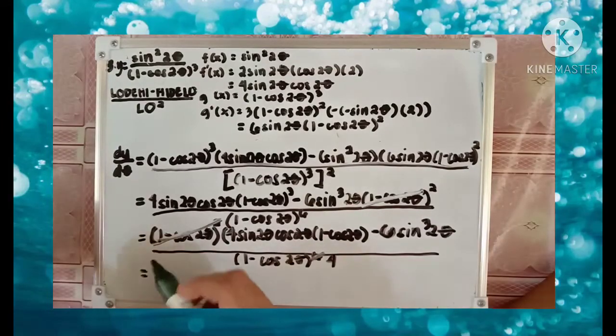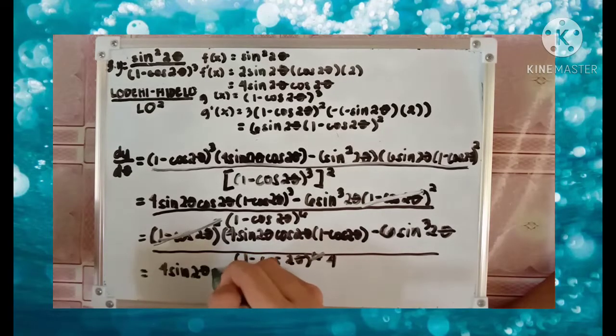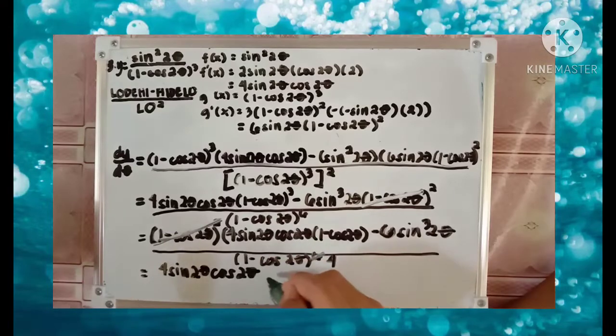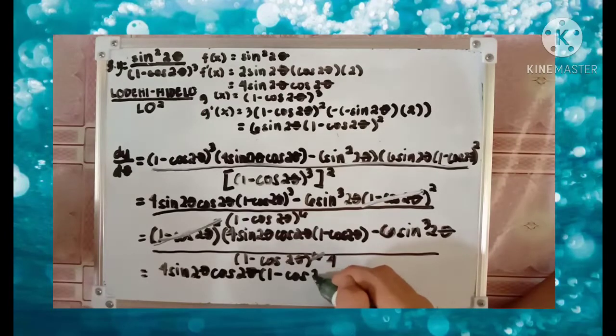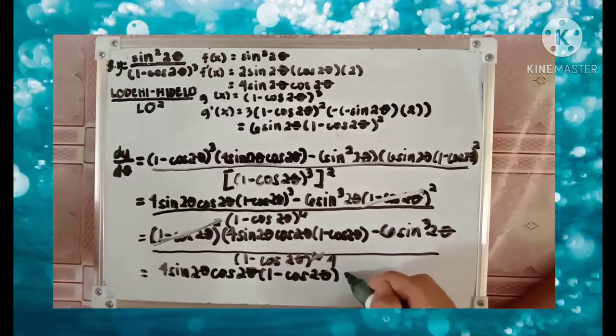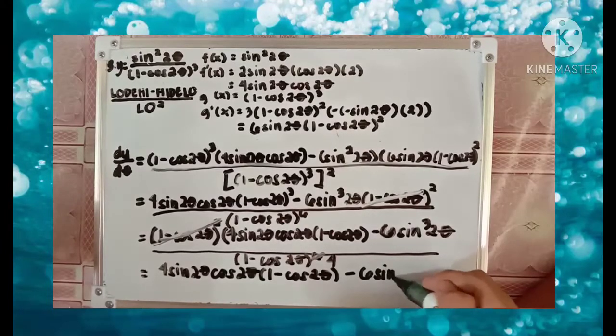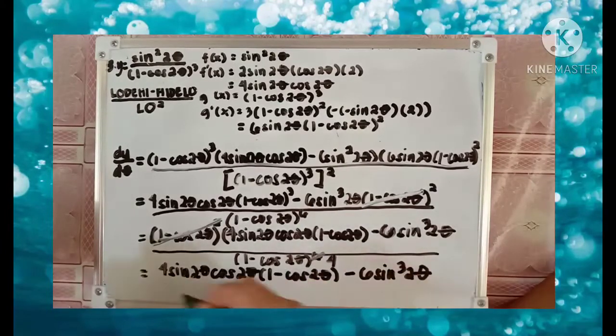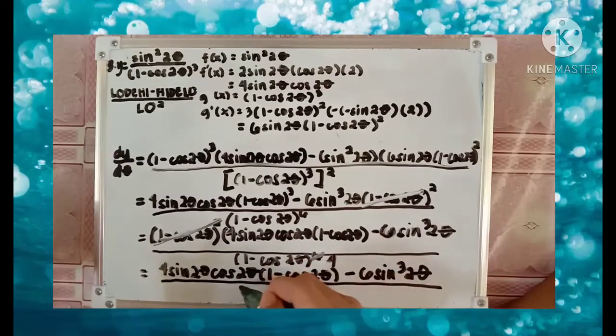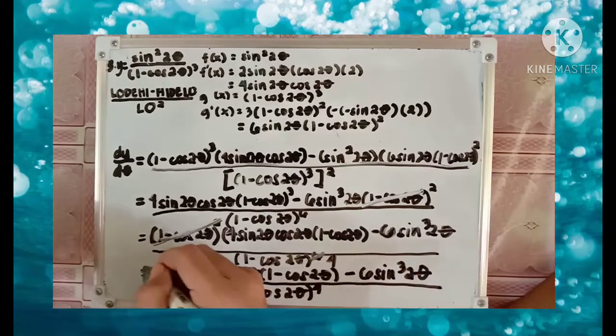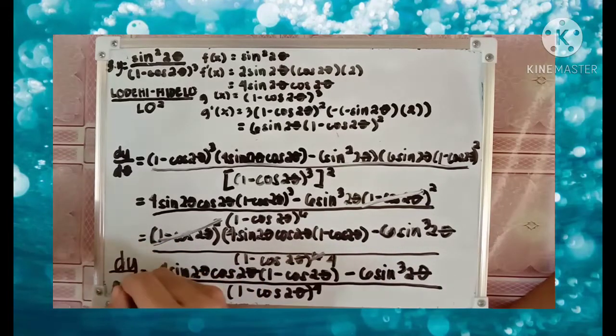So, our final answer is 4 sine 2 theta cos 2 theta times the quantity of 1 minus cos 2 theta minus 6 sine cube 2 theta all over the quantity of 1 minus cos 2 theta raised to 4, dy over d theta. So this is our final answer.